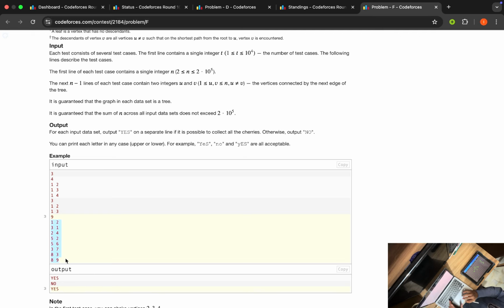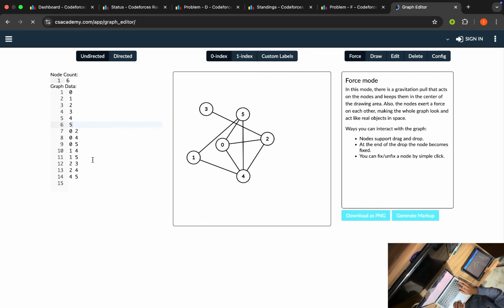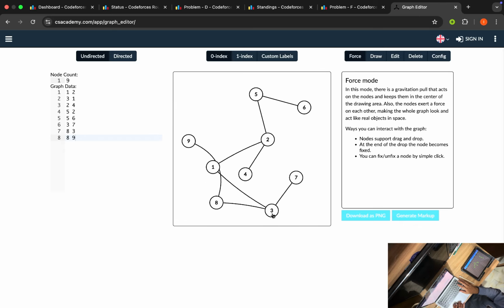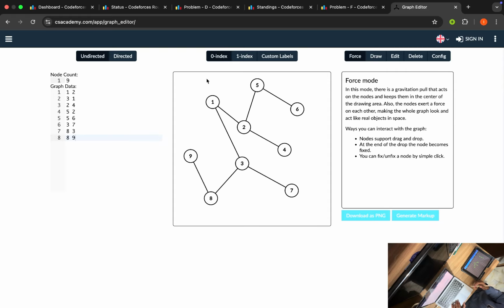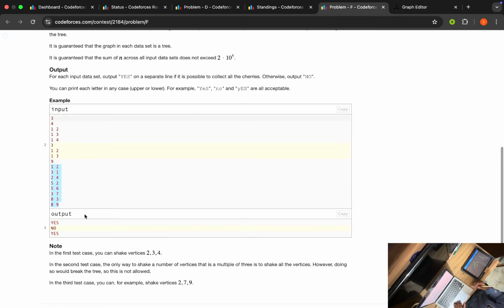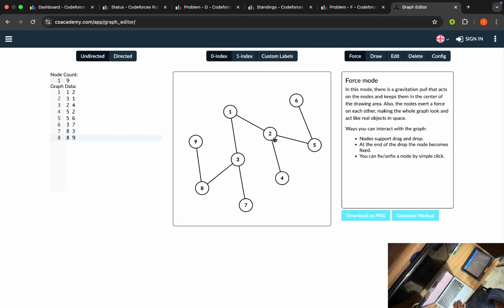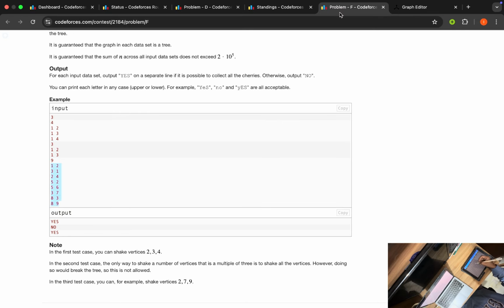Then next, this one, the last test case also. Yes, so eventually I'm dividing the work into multiples of 3.